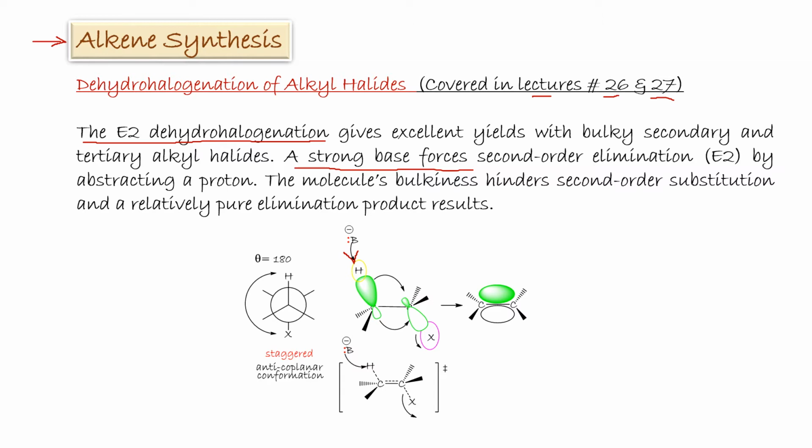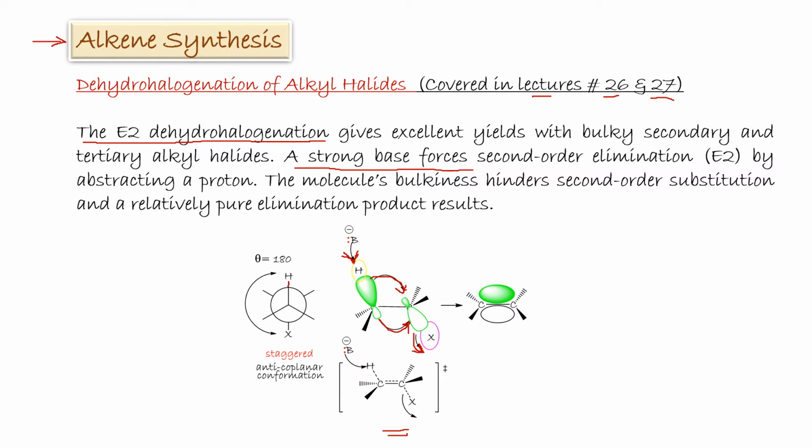The molecule's bulkiness hinders second order substitution and a relatively pure elimination product results. So the base attacks the hydrogen, abstracting it, forming the carbon-carbon double bond and X leaving simultaneously, so it is a transition state, a one-step reaction.